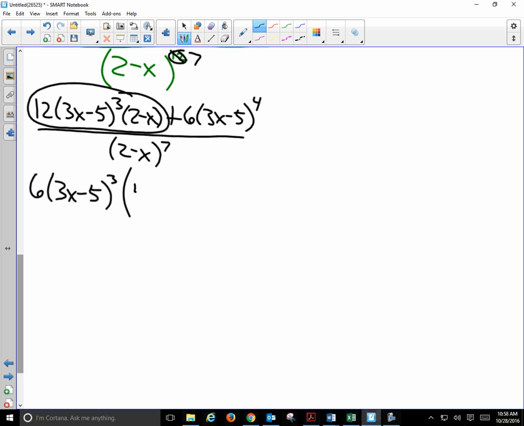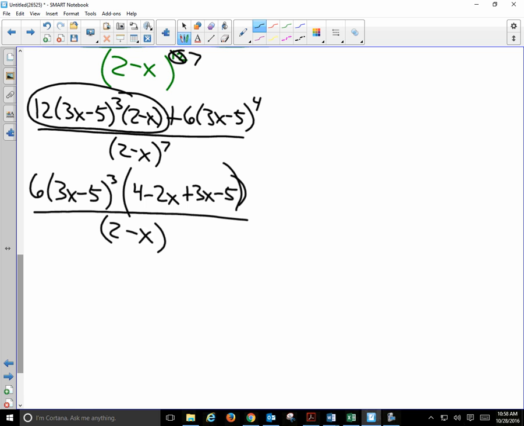So 4 minus 2x. What are you left with here? All over 2 minus x to the 7th power.